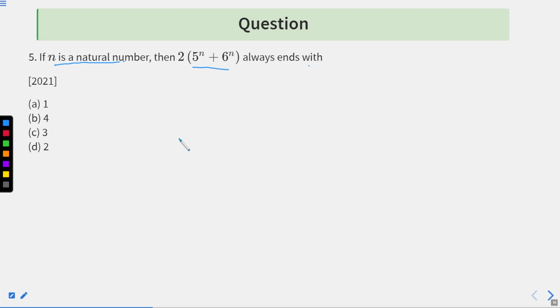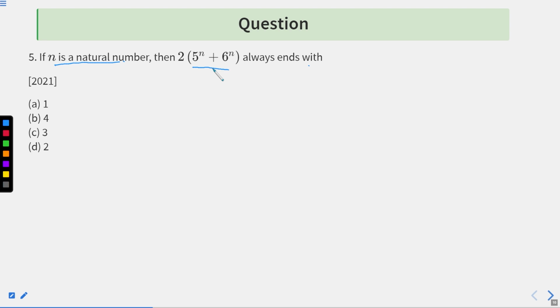Here n is a natural number, and we have to find which digit this number will end with. 5 to the power n will end with 5, and 6 to the power n will end with 6. Then 5 to the power n plus 6 to the power n will end with 11.